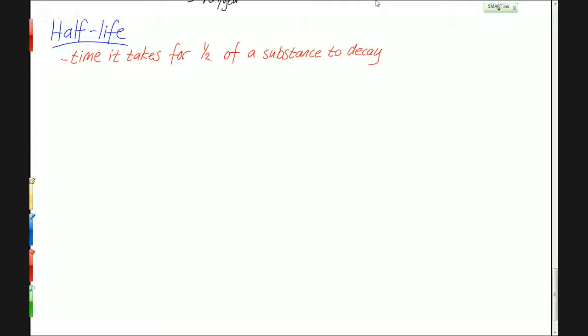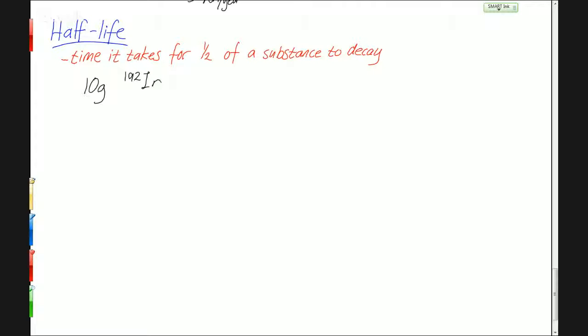So let's say you started with 10 grams of some substance. And let's say you have a half-life. Let's use a real example. Let's say we're going to use this iridium-192 isotope.